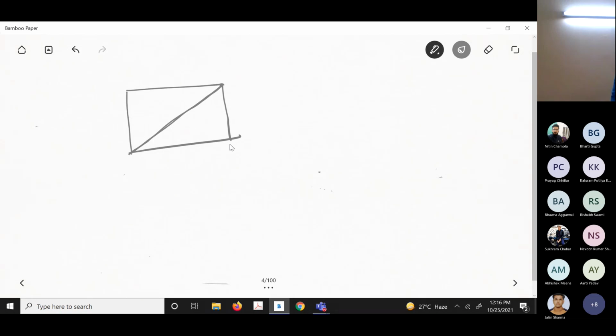If you take A, B, C, D, then by Pythagoras, BD squared equals CD squared plus BC squared. Look, this is a difference between the x coordinates. Suppose you have x1, y1, x2, y2.